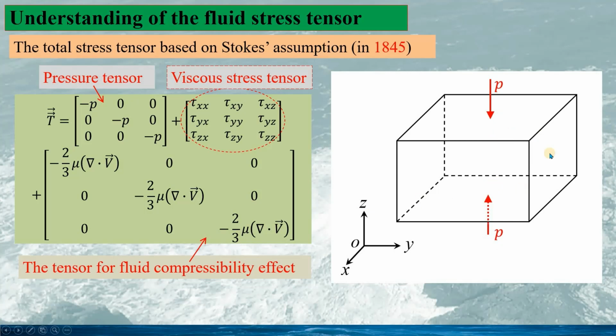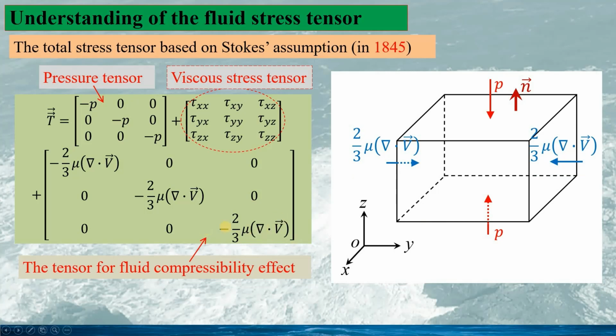So if we look at the fluid element in the region, the pressure is made from the fluid outside the element. The direction here we see. This is why the tensor due to the pressure has a minus P, because when we look at the normal vector for the surface, n would be opposite to P. That's why we got the minus sign here.